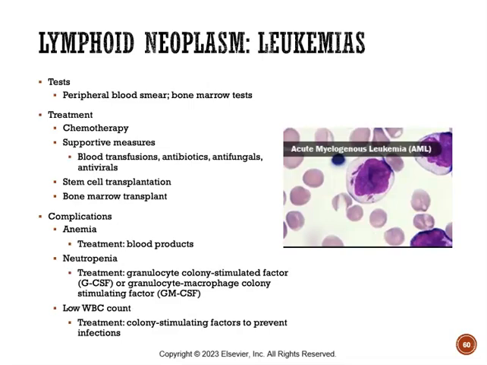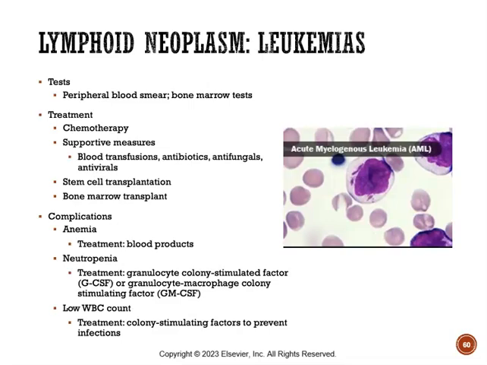Chemotherapy is going to be our mainstay of treatment, but patients often need supportive measures like blood transfusions for their anemia and antibiotics or antifungals or antivirals to help prevent infections or manage infections. And for some, stem cell or bone marrow transplants offer a potential cure.